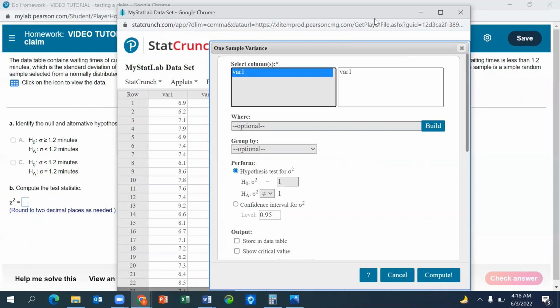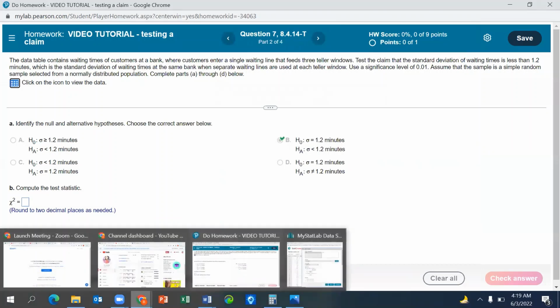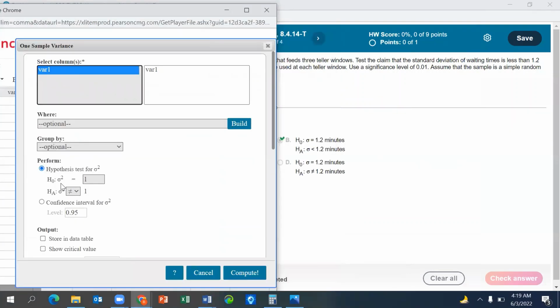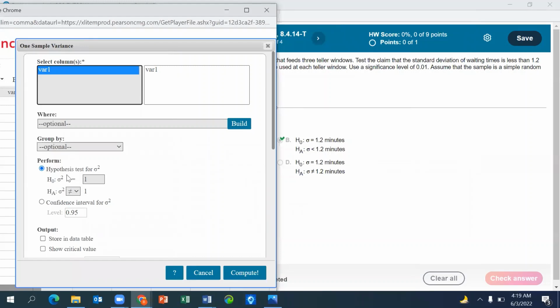What we have here, the answer is part B, so we don't need this anymore. So we have the variance equal to, it's not equal to 1.2, it's 1.2 squared. It's 1.44 because the information here is given to you in variance.